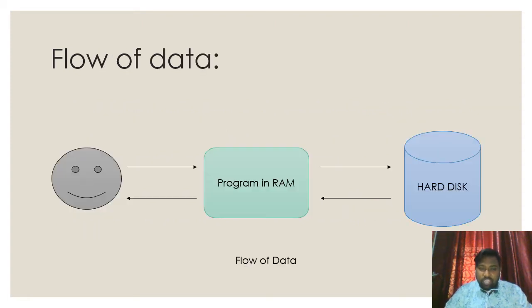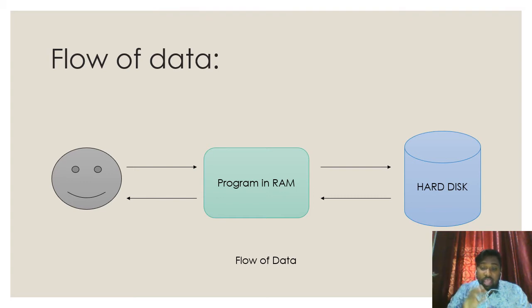The flow of data, how the data will flow. For example, we are the user and the hard disk is where we are going to store the output as a file. So the program is in RAM. Whenever we are accessing the program, the input file also will be saved, and whenever we are executing the program, the output also will be stored.